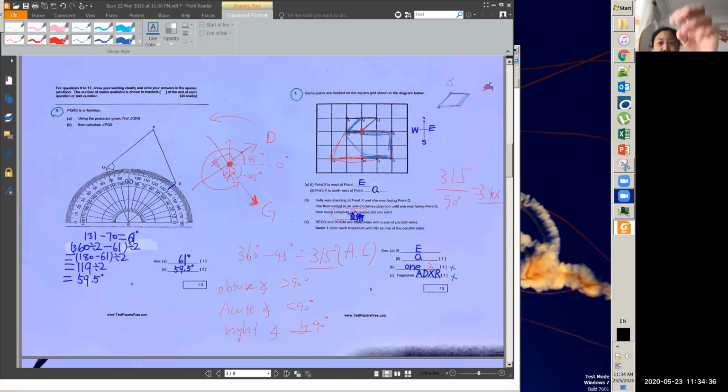R, B, D, X. And over here, RB is a parallel line. So this is another one. Why is ADXR not right? Why do I say ADXR is not right? Or can it be right?